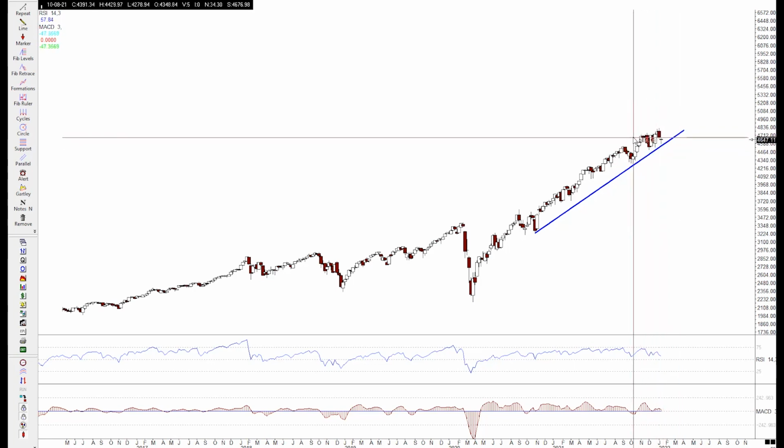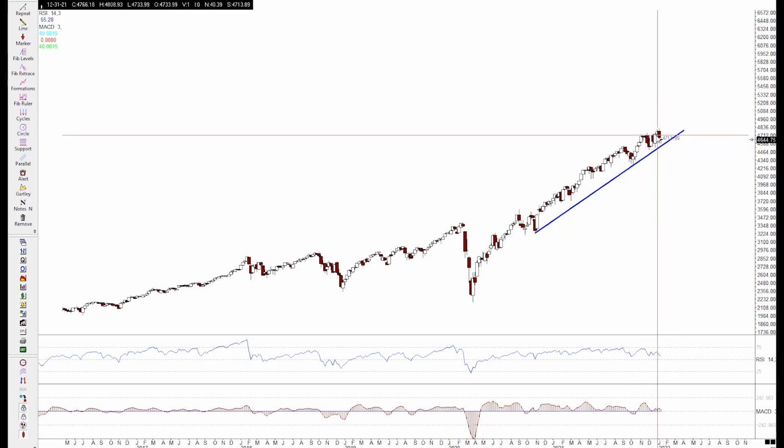Notice these areas where we have the closes and the opens. A lot of this is happening right around the 4,700 level, so that is going to be a point of resistance if the market is able to make it back up there.